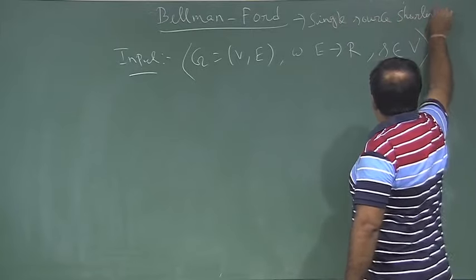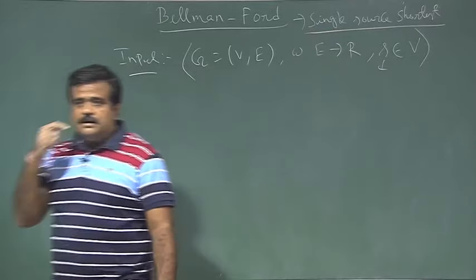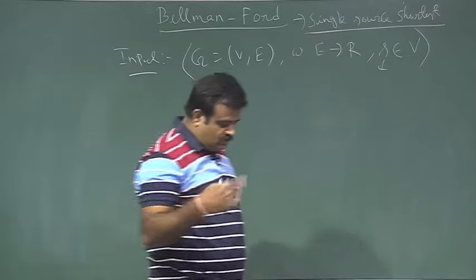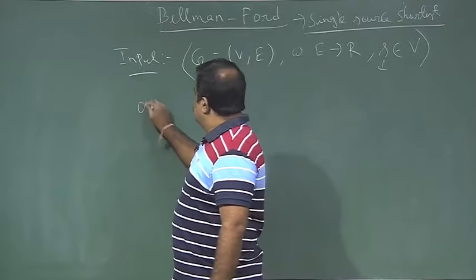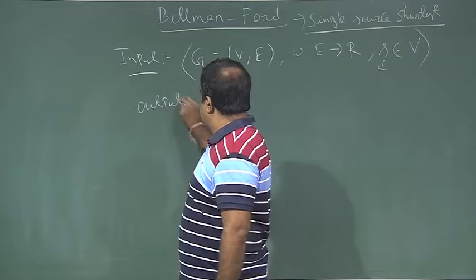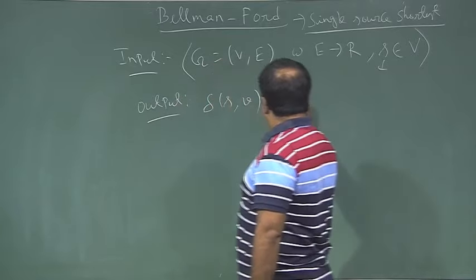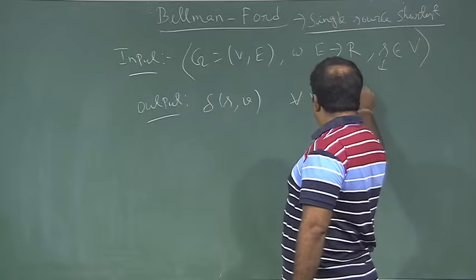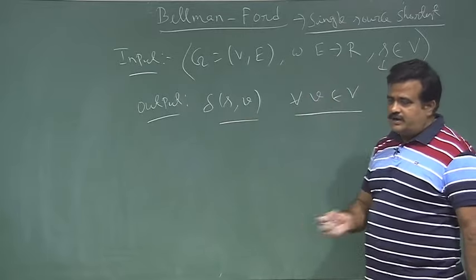Given a source, we are finding the shortest path from that source to the other vertices. So the output would be delta of (S, V) for all V, where either the path exists, or otherwise it will be infinity.